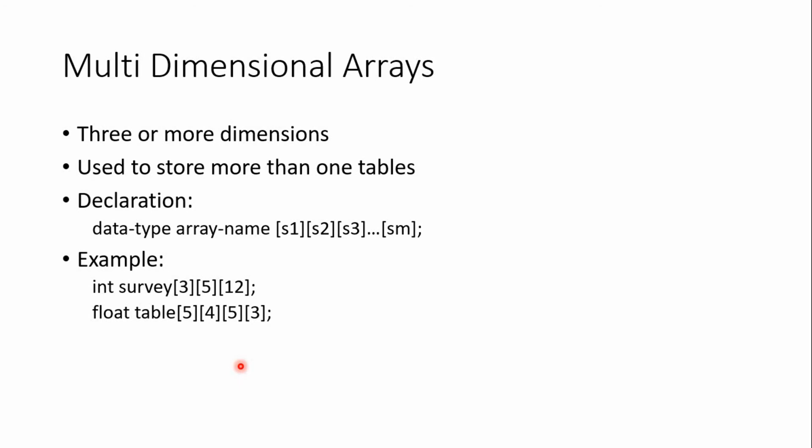Another type of array is the multidimensional array. If there are 3 or more dimensions, then multidimensional arrays are used. This kind of array is used to store more than one table. Declaration syntax: data type, array name, then if there are m dimensions, you can write like this: in the first square brackets s1, second square brackets s2, up to the last square brackets sn.